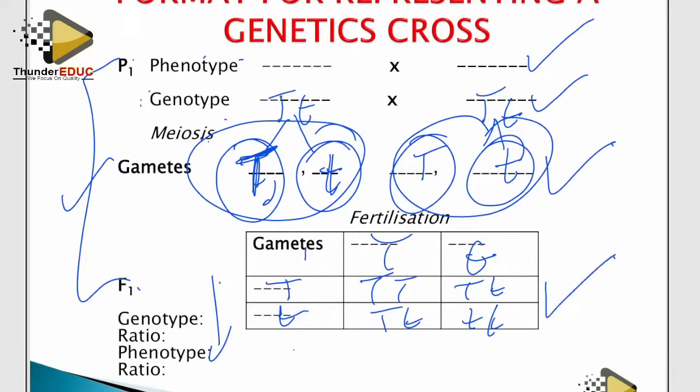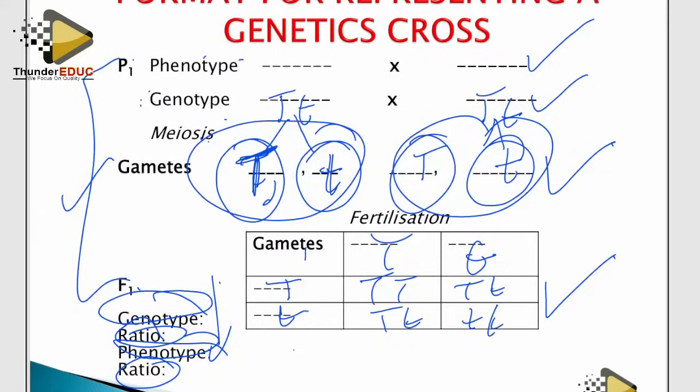We give you another mark there. Then you write the genotype, the ratio, the phenotype, the ratio, depending on what they have asked you. But I prefer you write everything, because whether you have written it or not, we won't cross you. But if you have not written it and they wanted it, you lose a mark. So just write everything you know about it. That is the first point.